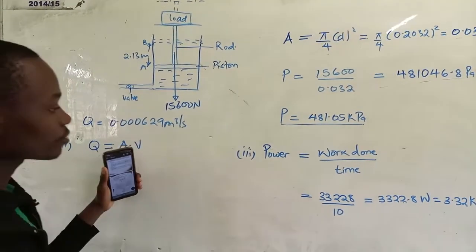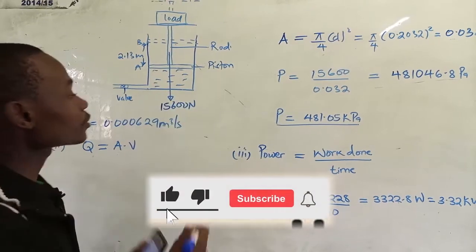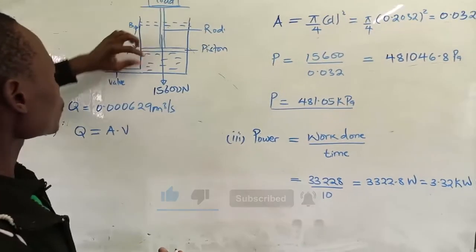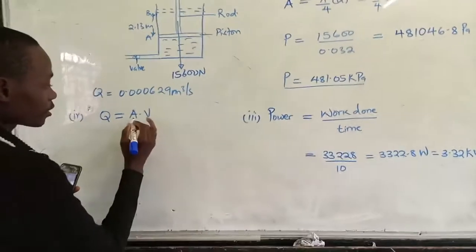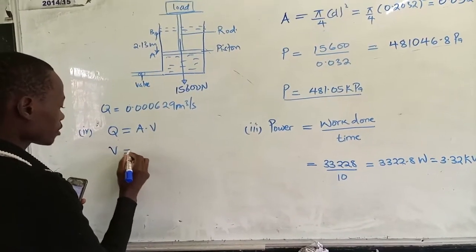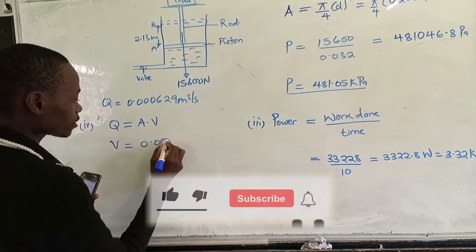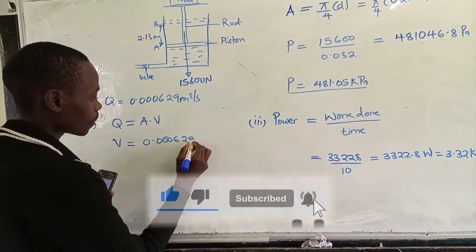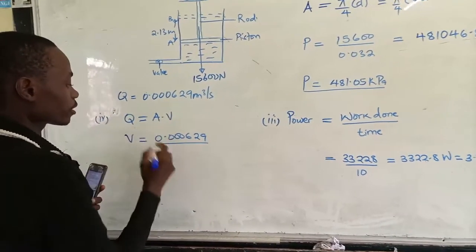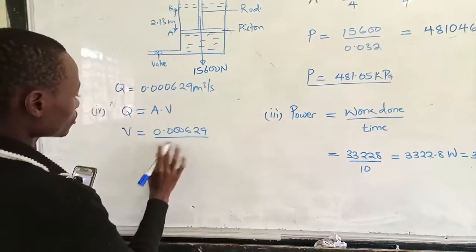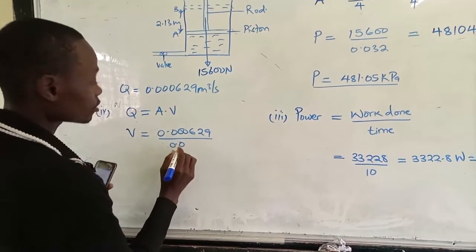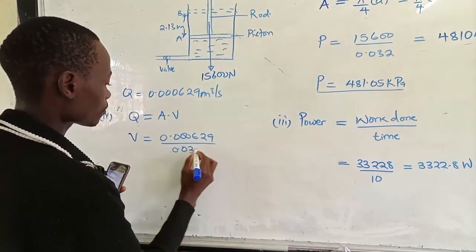The area we shall use is the area of the piston because the load is in contact with the fluid with that area. So we need velocity becomes the flow rate out of the area. We got the area there as 0.032.